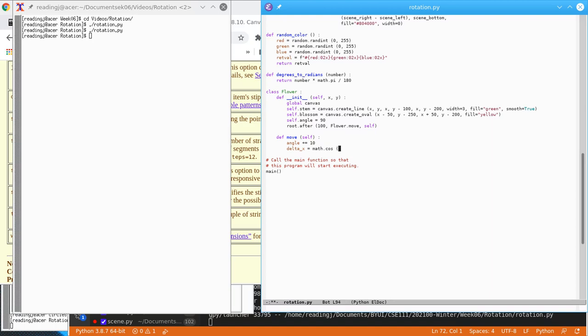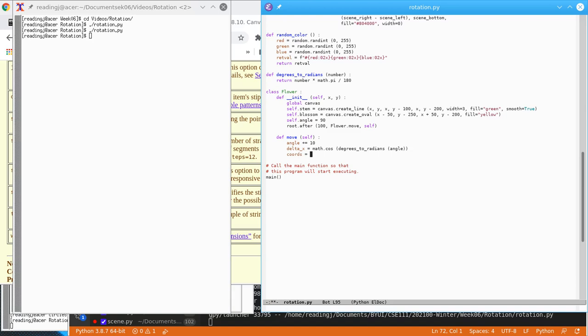math.cosine of degrees to radians of angle, and so now we're going to say chords, and this was the magic that I had to find. I actually researched this on my own.